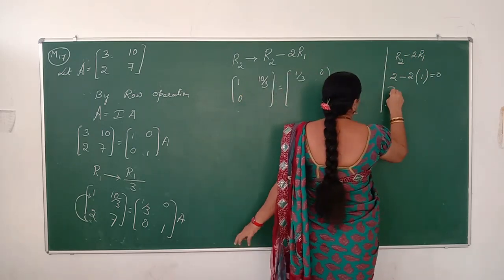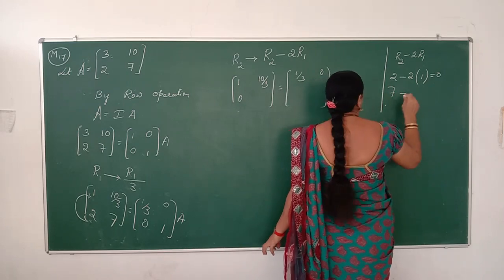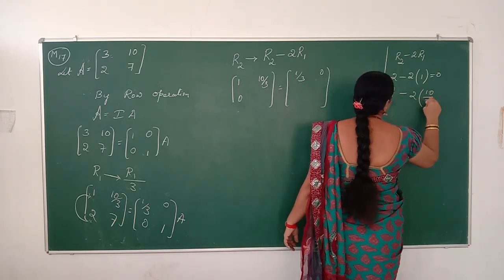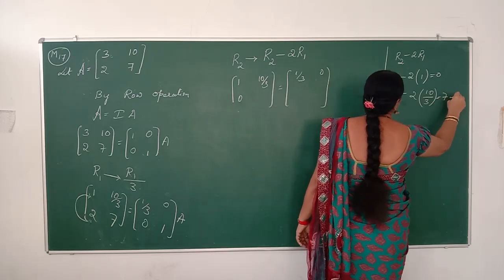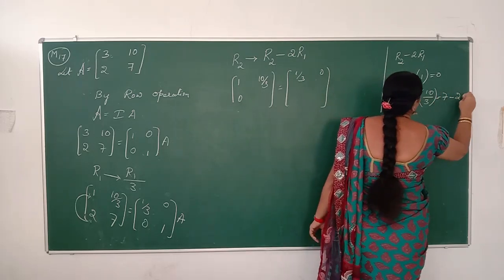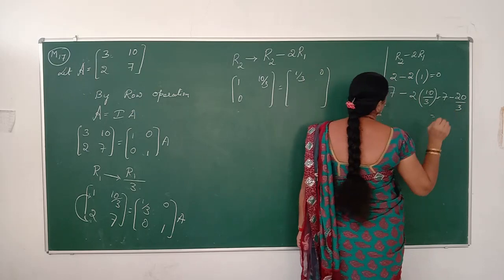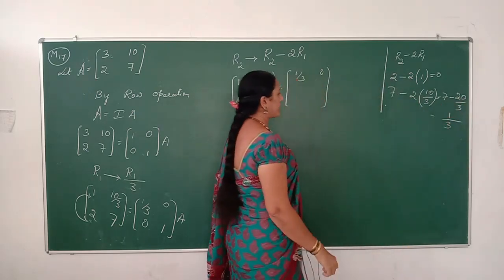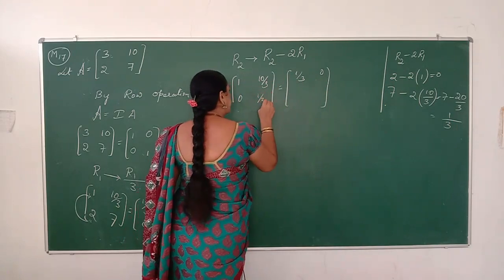The second element of R2 is 7 minus 2 times the corresponding R1 element, 10 by 3. Taking the LCM, 3, we get 21 minus 20, which is 1 divided by 3.